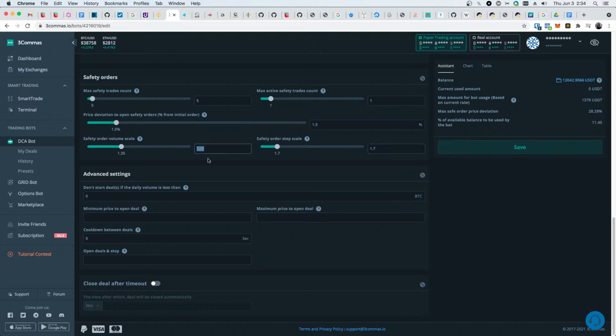The next one goes up by 1.35%, so it's going to buy even bigger next time, and then it's going to add another 1.35 if it has to, up to 5 orders, folks. But each time it's going to scale down even farther.